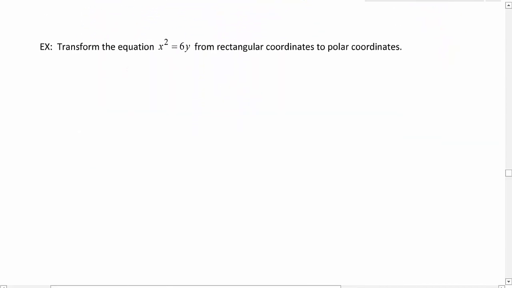Let's transform the equation x squared plus 6y from rectangular to polar. Again, we're going to replace x with r cosine theta and y with r sine theta.